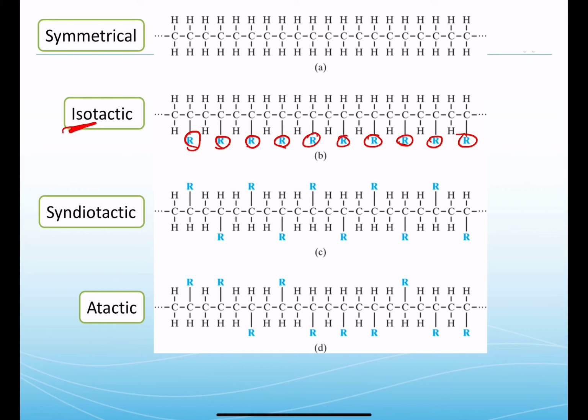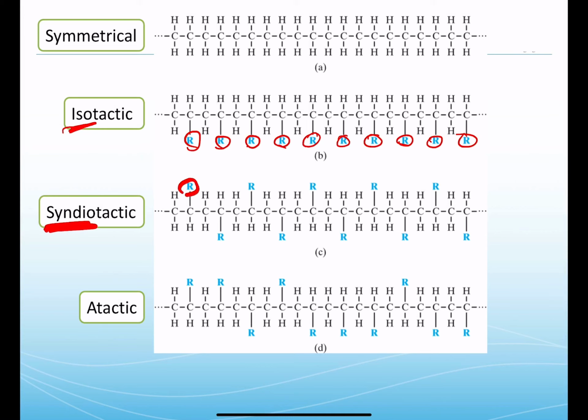And so this could be the chlorides, this could be the benzene rings for polystyrene. We can have isotactic polymers if we can control how monomers are added and how the side chains are positioned relative to their neighbors. In syndiotactic, the pattern is alternating.